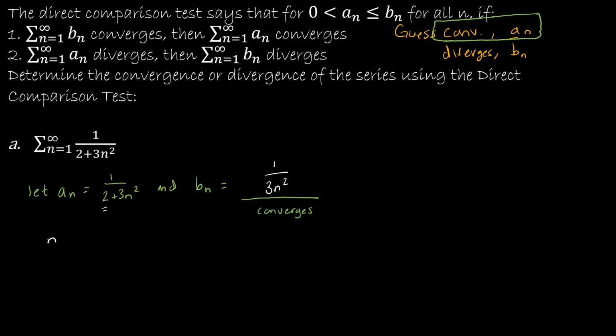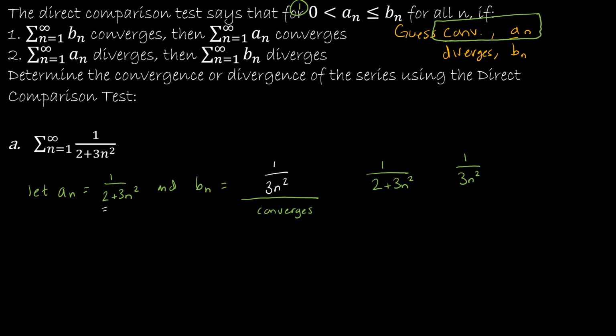I started moving on to step 2, and I haven't even done step 1 yet. So step 1, remember, is for us to say that a sub n is less than or equal to b sub n. So a sub n is 1 over 2 plus 3 times n squared, and b sub n is 1 over 3n squared.